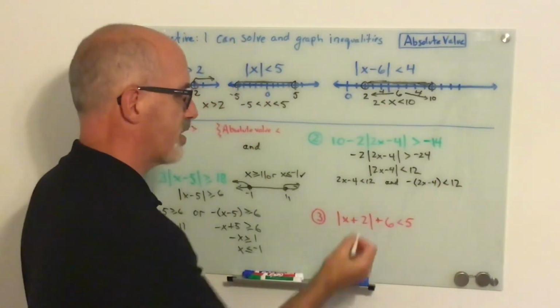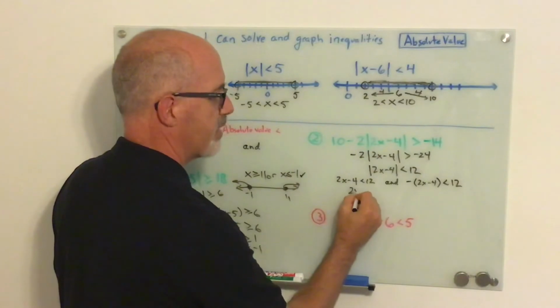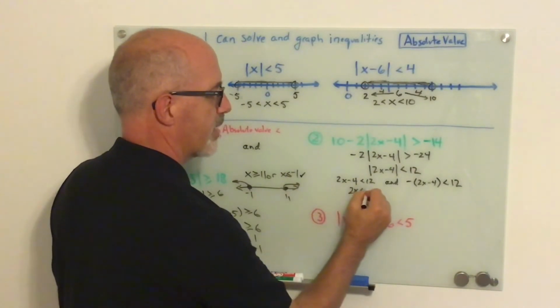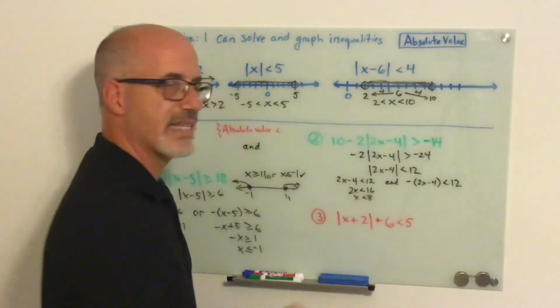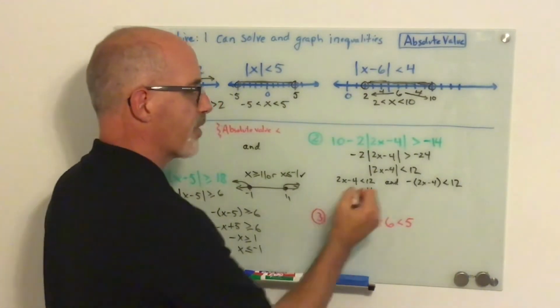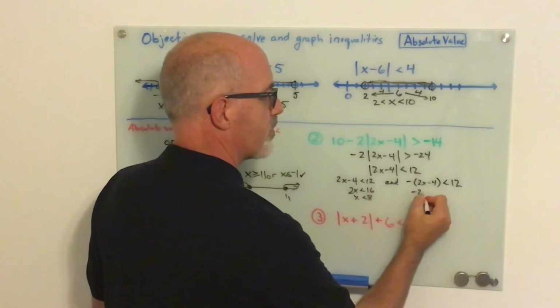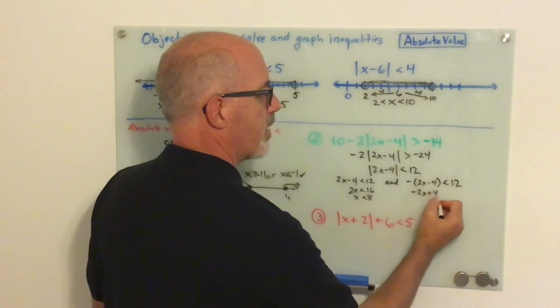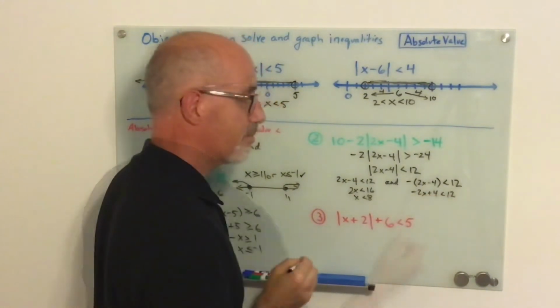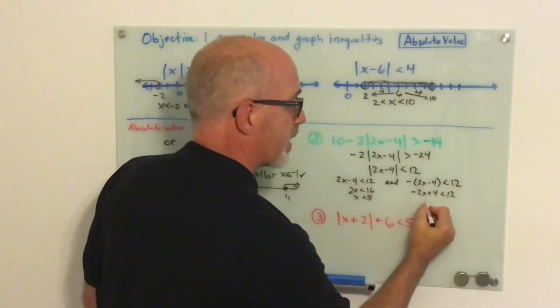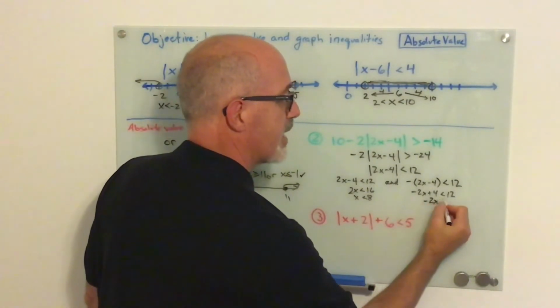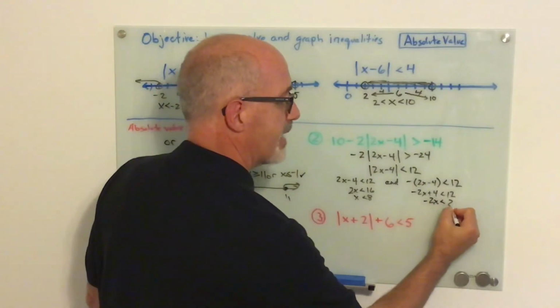Now let's solve each of these. Add 12 to both sides. So you get 16. Divide by 2, you get x is less than 8 for this part. Over here, we get the opposite of 2x plus 4 is less than 12. At this point, I want to subtract 4 from both sides, so we get negative 2x is less than 8.